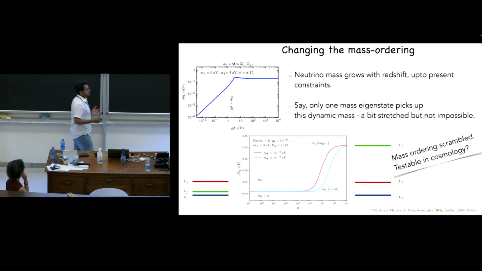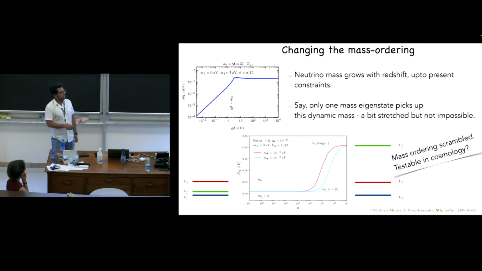Now imagine as a model builder, you come up with a scenario, and I'm not going to justify how you can come up with it, it's a bit stretched, where only one mass eigenstate picks up this dynamic mass. So you have this mass ordering, let's say I play around with a normal mass ordering, and I couple the dark matter to this new 2 state, and I let this evolve as a function of redshift.